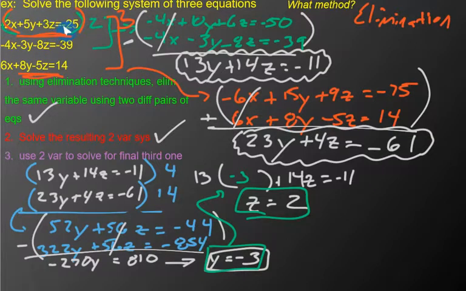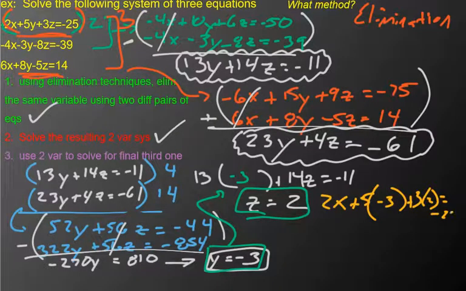I would pick that one because it's the quickest and easiest. So we have 2x plus 5 times negative 3, which is y, plus 3 times 2 needs to equal negative 25. That would mean 2x equals negative 16, so x would be negative 8.